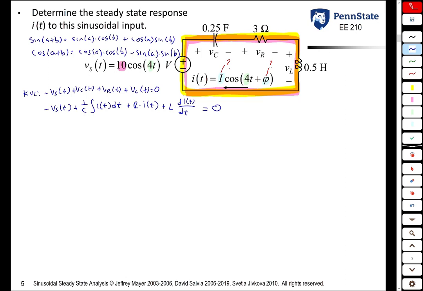So now let's plug in the expression for Vs here, and let's plug in this thing we're solving for, I of t, into here, here, and here, and see what we get. So we get minus 10 cosine of 4t plus 1 over C, C is 0.25 farads, so it's going to be 4, times the integral of I cosine of 4t plus phi dt.